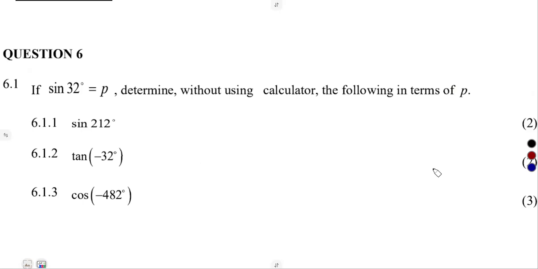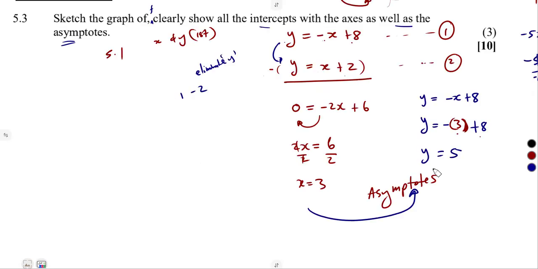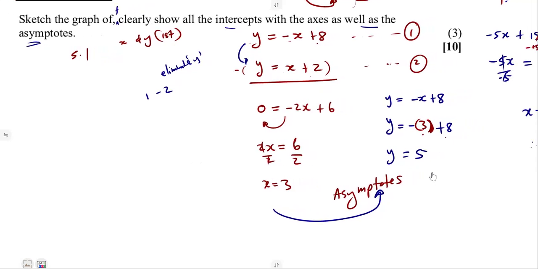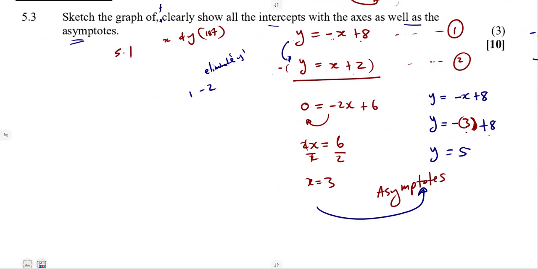Unfortunately we were not given a space to use, so I'm just going to have my own presentation here. Let's start with our asymptotes, and then we're going to talk about the shape as well.